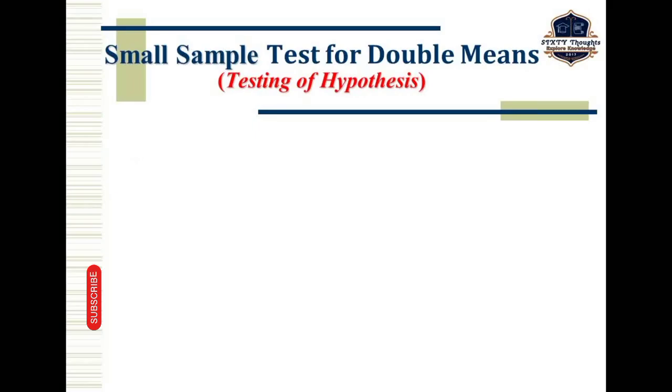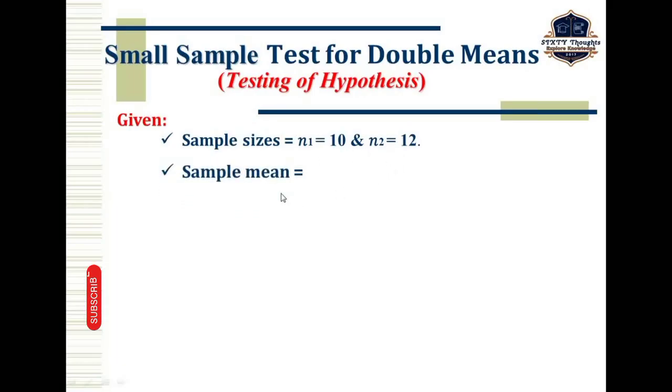So first we write the given values. First we consider the sample sizes, that is n1 equal to 10 and n2 equal to 12, and also the given sample means, denoted by X bar.